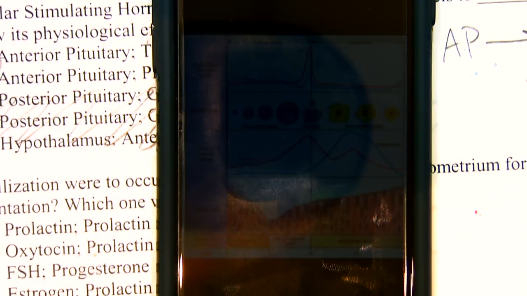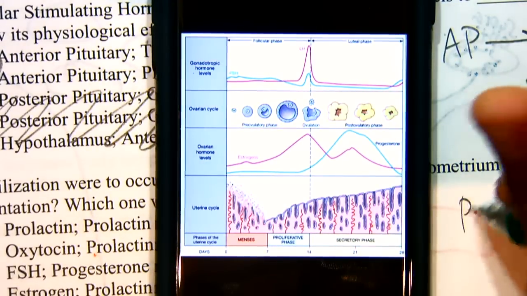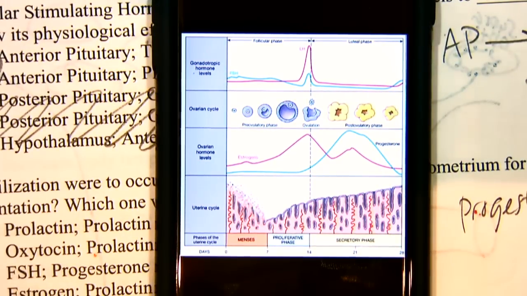So if fertilization were to occur, which hormone maintains the endometrium for implantation? That is going to be progesterone, right? And then which one would lead to spontaneous abortion? That one is also going to be progesterone.